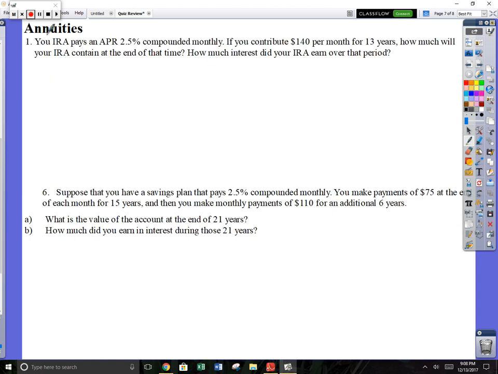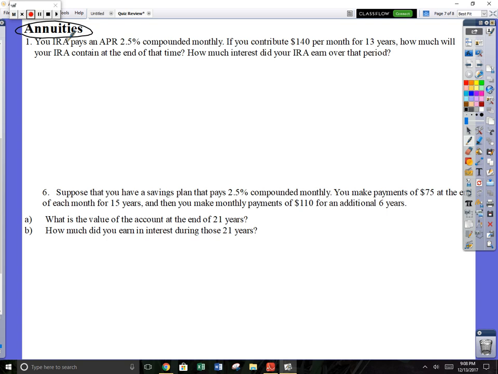Okay, annuities. Now annuities, you just go to your section with annuities, and you've got an annuities formula. So here we go. Your IRA pays an APR of 2.5% compounded monthly. So an annuity, this is real life, because you're going to be investing with regular installments. You're not just going to drop one lump sum.